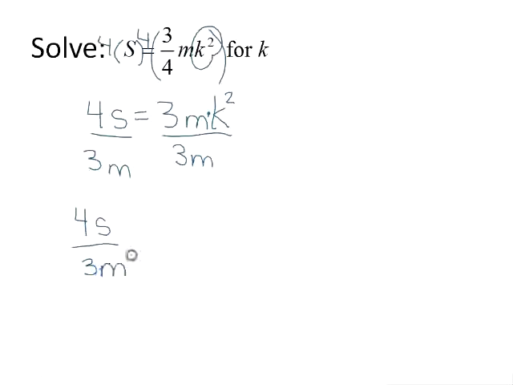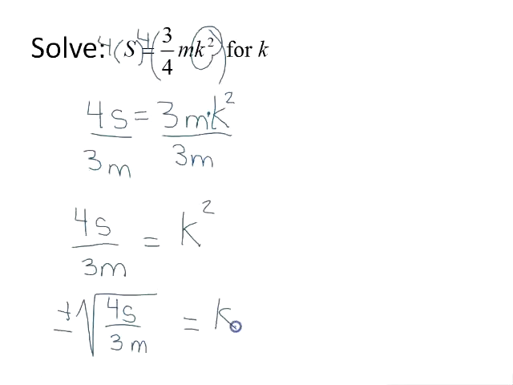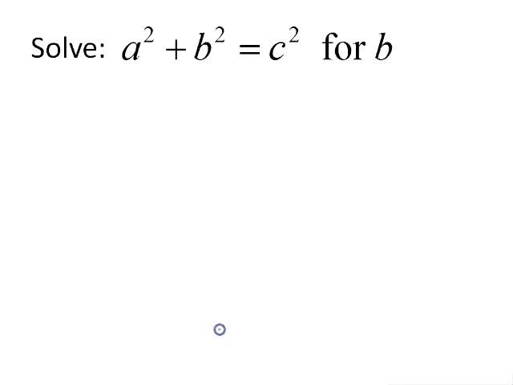That leaves me with 4s over 3m equals k squared. Now once again, to undo my square, I'm going to take the square root on both sides. So I have the positive or negative square root of 4s over 3m equals k.